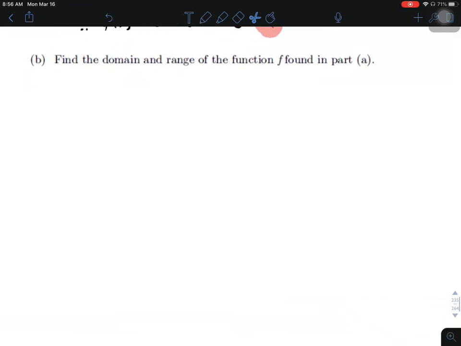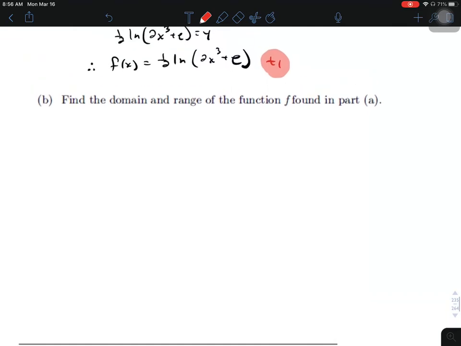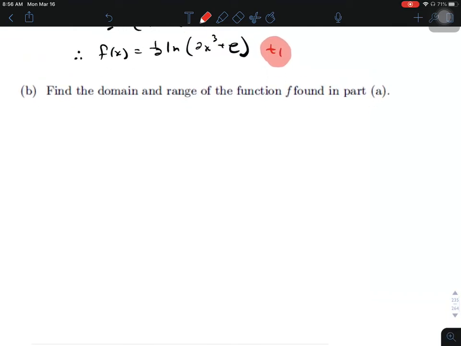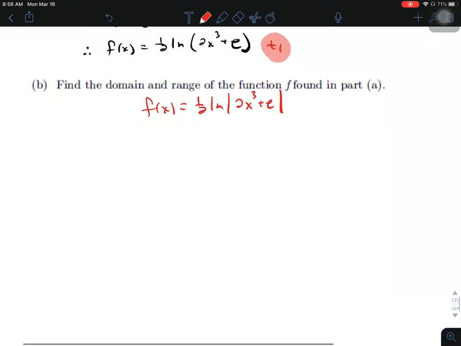Part B, find the domain and range of the function that you found in part A. Well, to be clear, that function is this function. That's not absolute value. My apologies.